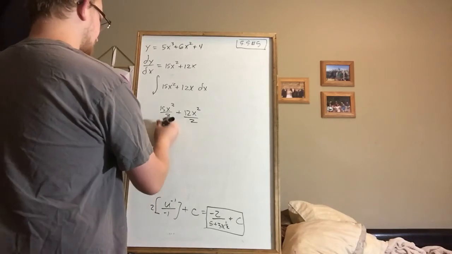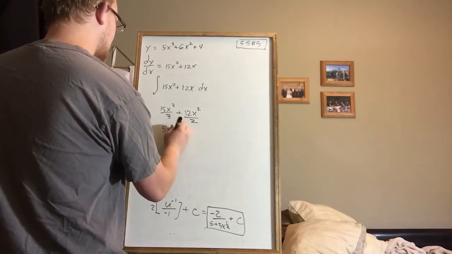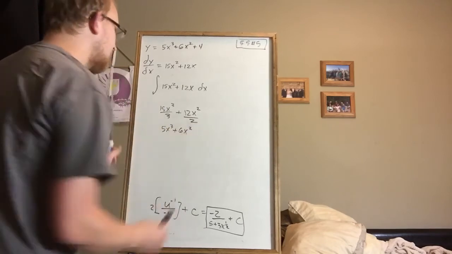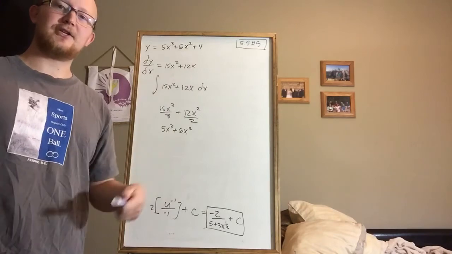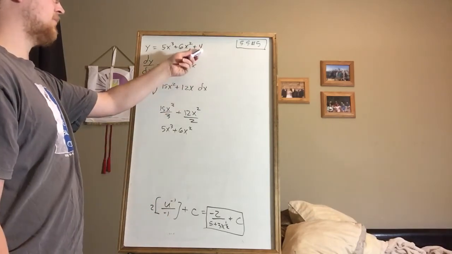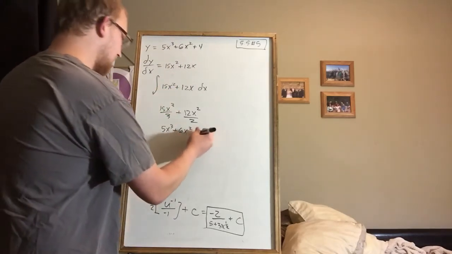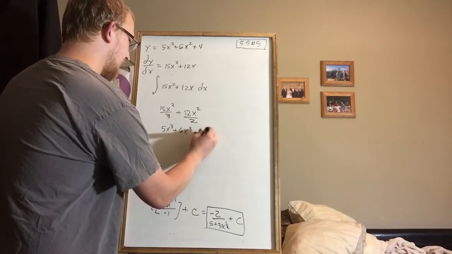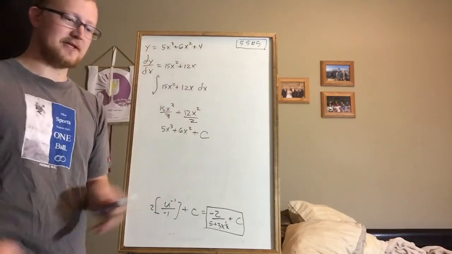And this looks like what we started with, 5x to the 3 plus 6x to the 2, but the 4 is gone. We actually have no way of interpolating the 4. So we destroy things with derivatives. When we take the antiderivative, or an integral, we have to respect the fact that we destroyed a vertical shifter in this function.